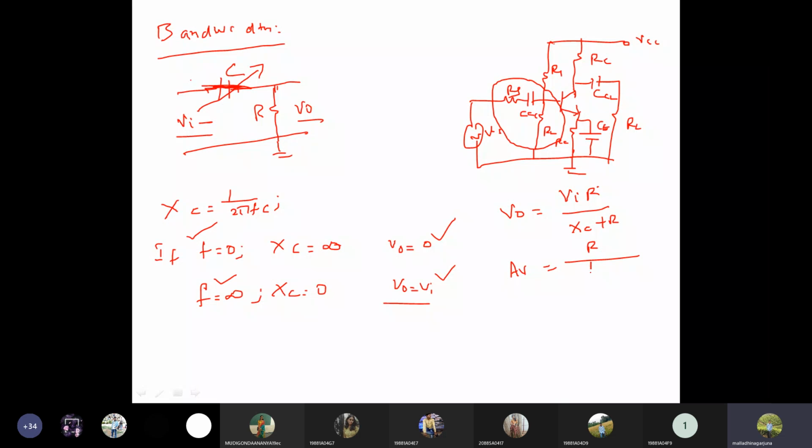R divided by 1 by j omega C plus R. If you take LCM, j omega C goes to the numerator, so you will get j omega RC divided by j omega RC plus 1.